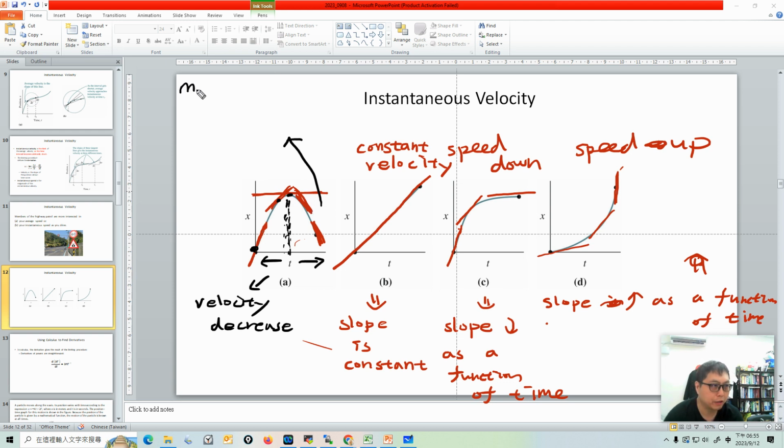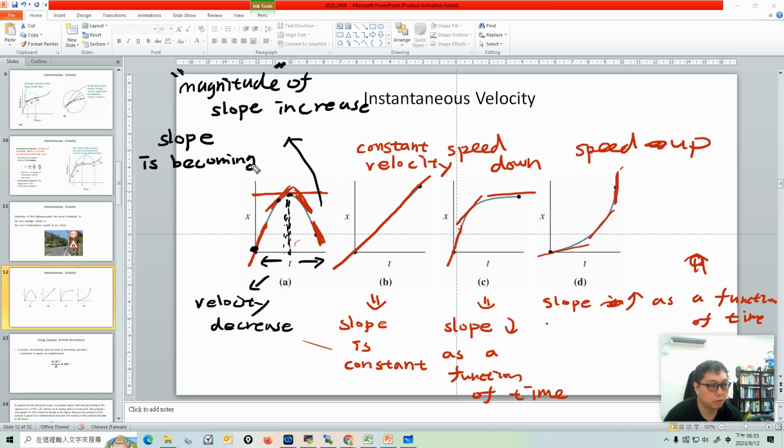I should say the magnitude of slope increases. I stress this point: the magnitude of slope increases, but the slope becomes more negative. What does this mean? The slope is getting more negative, and the magnitude of slope increases.